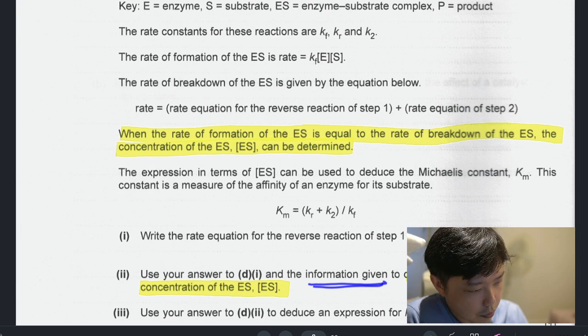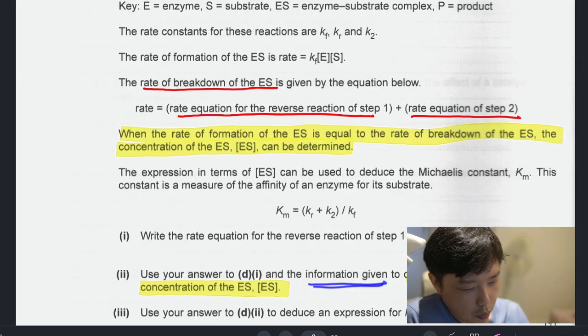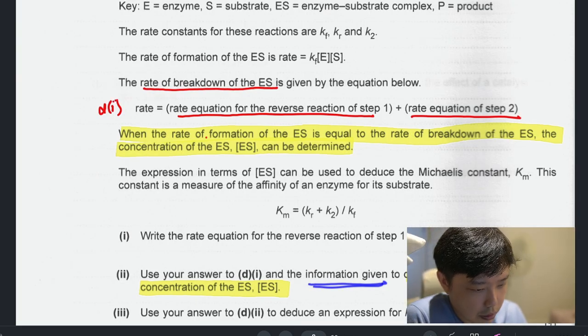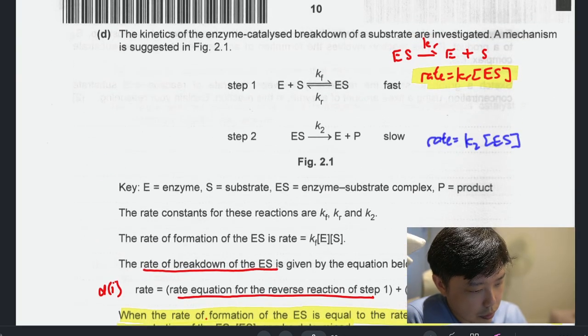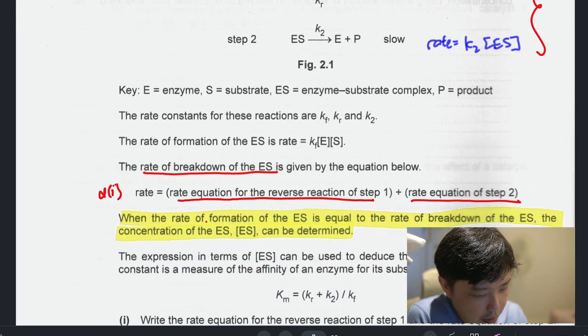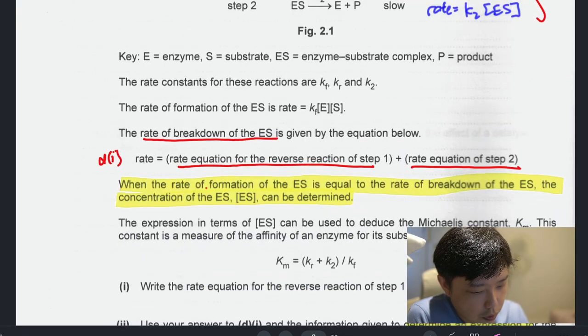The rate of breakdown of the ES is given by the rate equation for the reverse and the rate equation of step 2, which is what we did for D part 1. These two equations which we wrote earlier, when added together, give you the rate of breakdown.